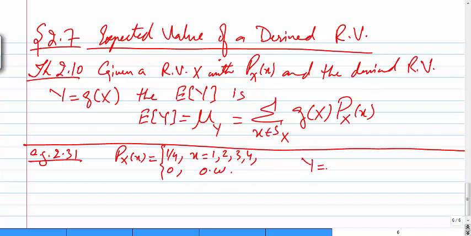Y is equal to g of X, which is also given to us, and that is equal to 10.5x minus 0.5x squared when x is between 1 and 5. So this is the function definition, and 50 when x is between 6 and 10.